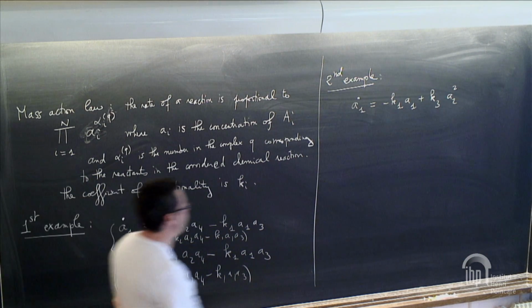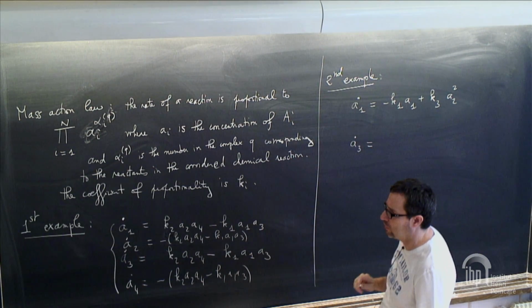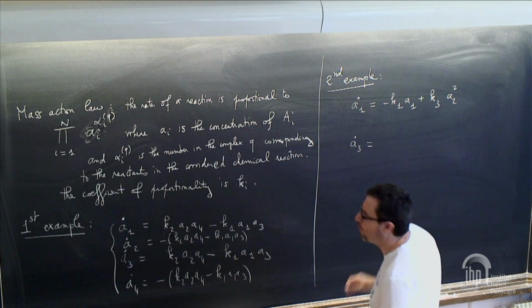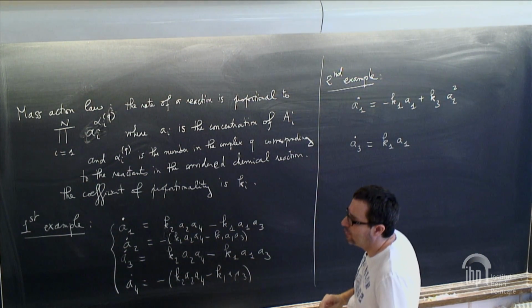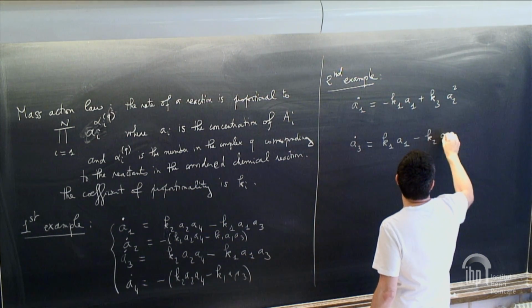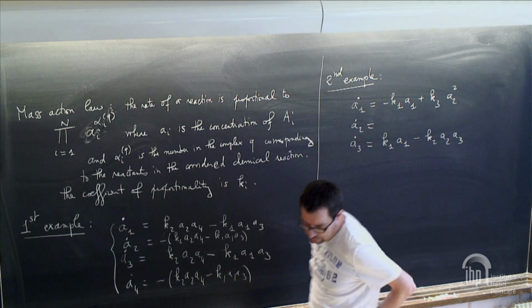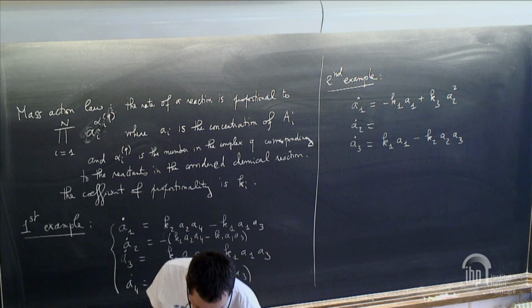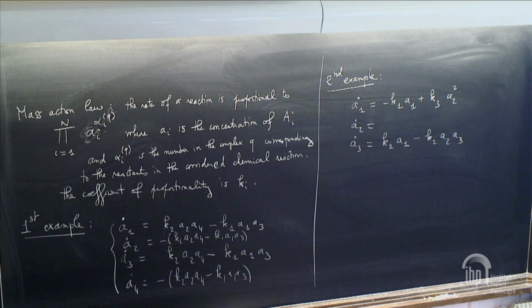So A3 dot is just K1 A1 minus K2 A2 A3. Just check. Yeah, okay.